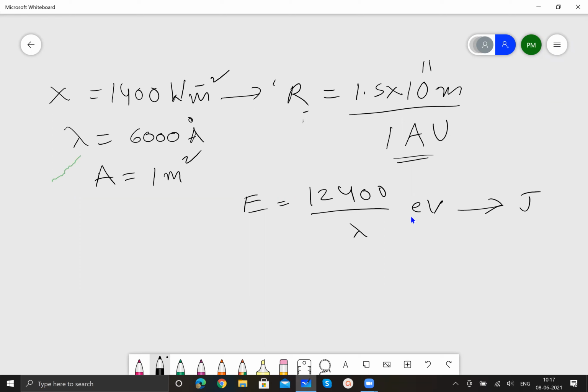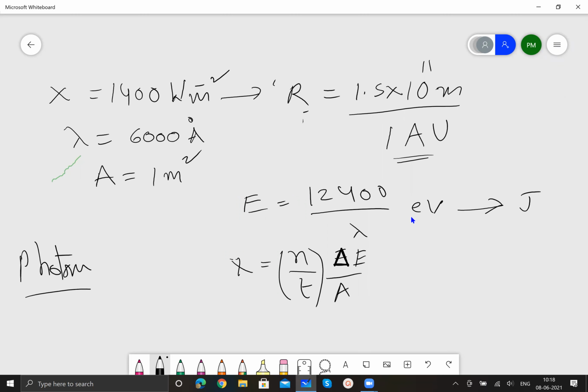Then the intensity X is given by N by T into E by A. Therefore, the total number of photons will come out to be intensity multiplied by area by energy.